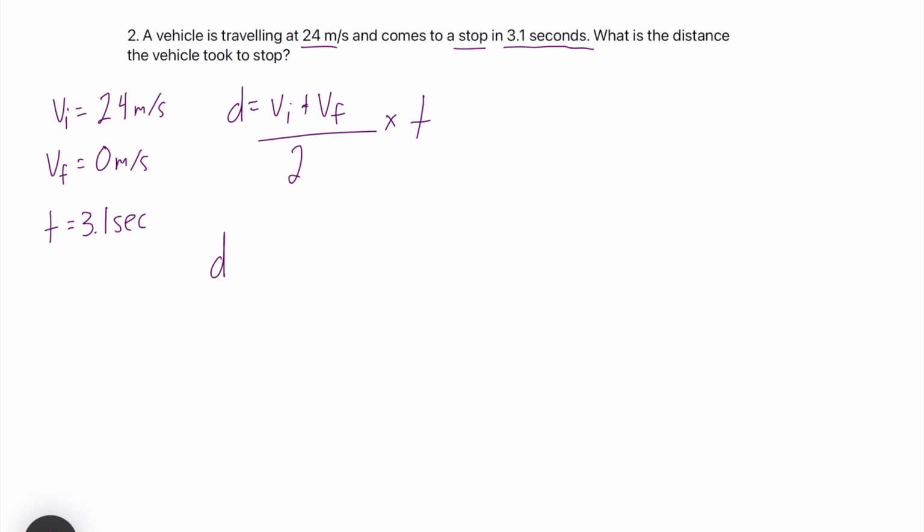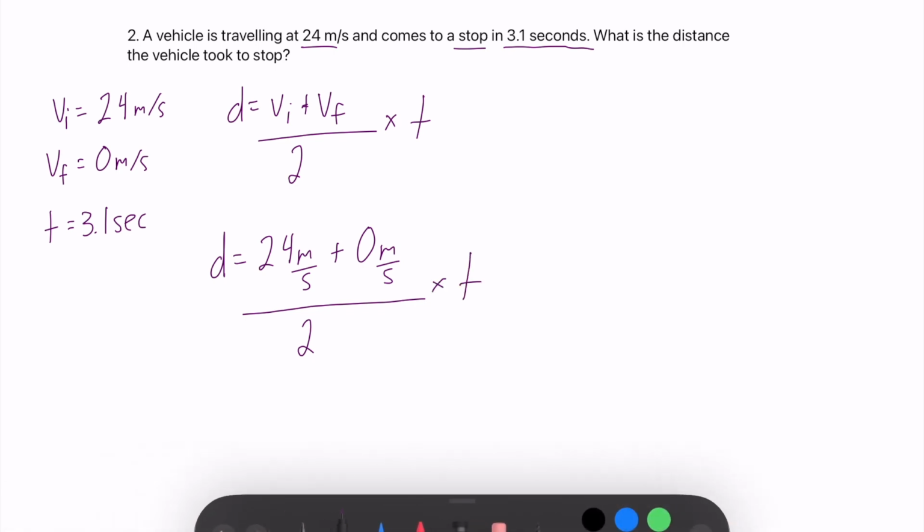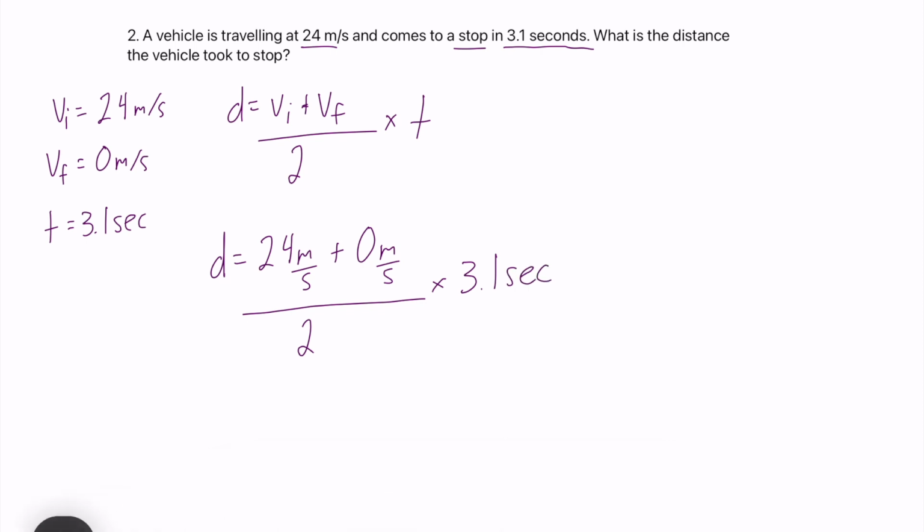So let's fill in our numbers here. We have vi as 24 meters per second plus our vf, which is just 0. That is all over 2, and that's being multiplied by 3.1 seconds. All right, now if you want to pause the video and calculate that for yourselves, go ahead.